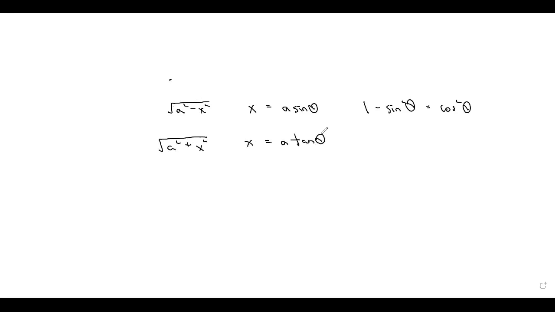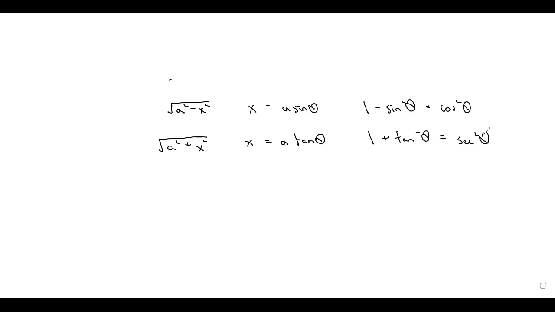Remember, you have a squared within your square root, but you specifically use a for the substitution. It also gives you a helpful trig identity: 1 plus tan squared theta equals secant squared theta.